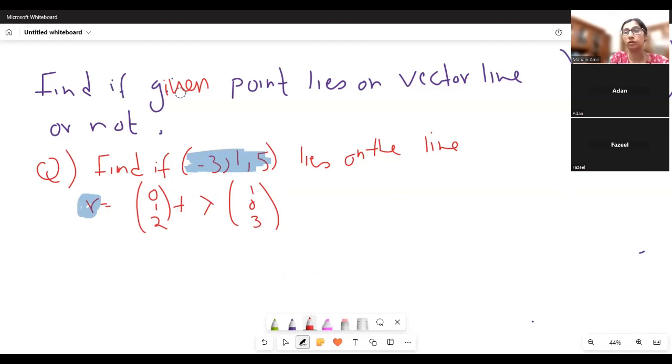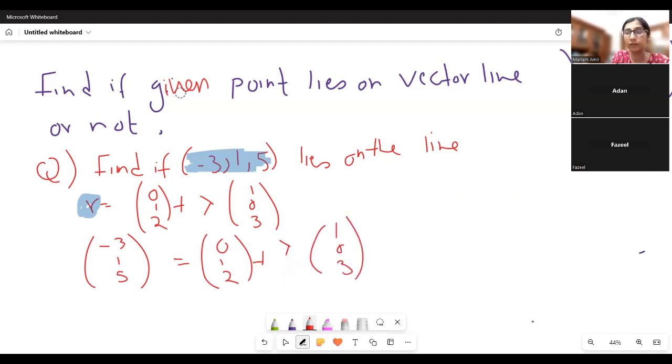So now again, you will first substitute (-3, 1, 5) here. Copy the same right hand side, (0, 1, 2) plus lambda (1, 0, 3). Form three equations and tell me if we're getting the same value of lambda in each case. I'm going to send you a new link. Till then you solve this. I'm going to send you a new link now.